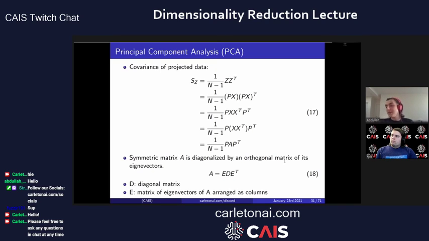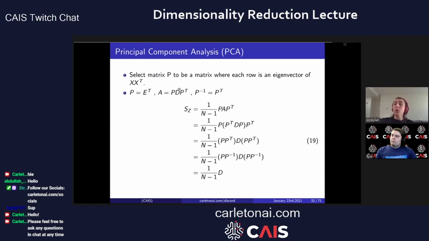And orthogonal matrices are simply matrices whose columns are linearly independent, which means orthogonal to each other, right? So we know that a symmetric matrix A can be diagonalized as EDE^T, right? Where D is a diagonal matrix that has the eigenvalues of A, and E and E^T are the matrix of eigenvectors of A arranged as columns in E and arranged as rows in E^T, right?